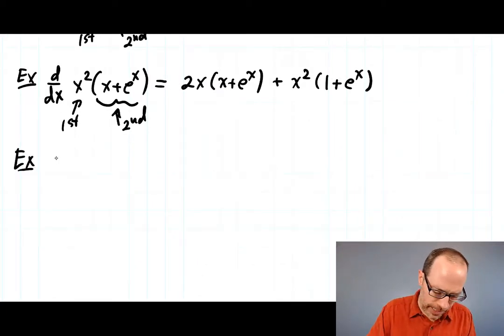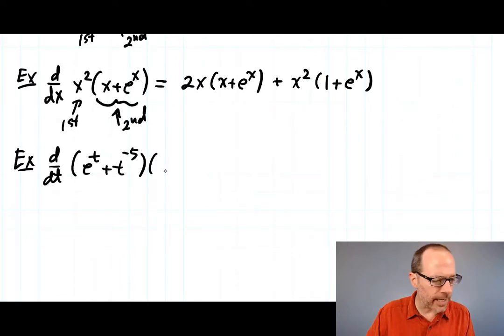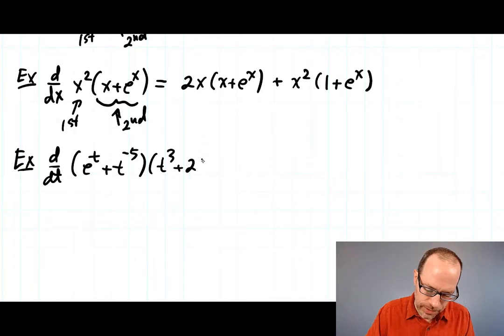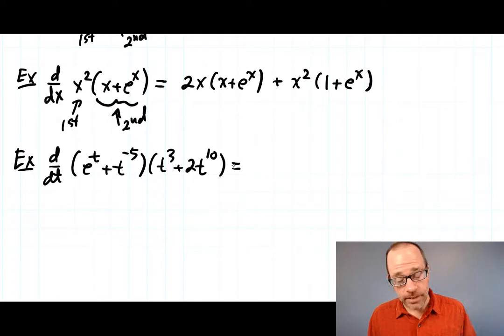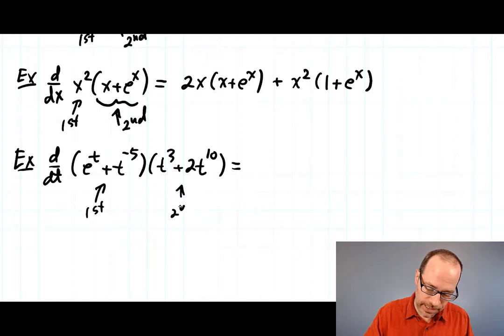We'll do d by dt, the function e to the t plus t to the minus 5 times t cubed plus 2t to the 10th. All right, so again, this first grouping is the first function, and the second grouping is the second function.